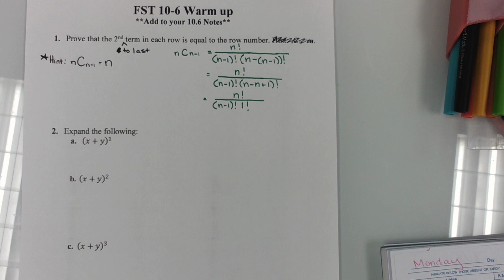Now, when you're trying to prove that one of the terms is equal to n, you've got a slightly different approach on how things cancel out, because you do want things to cancel out.